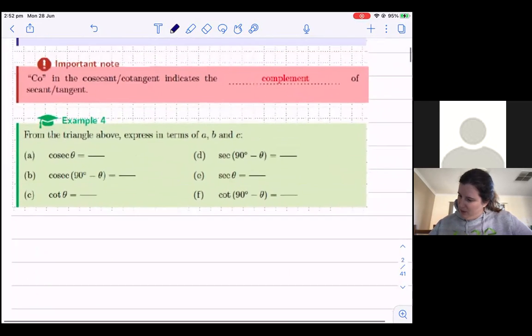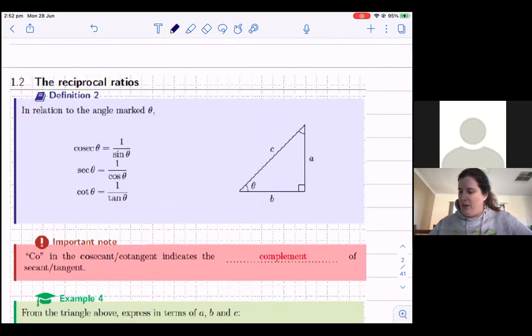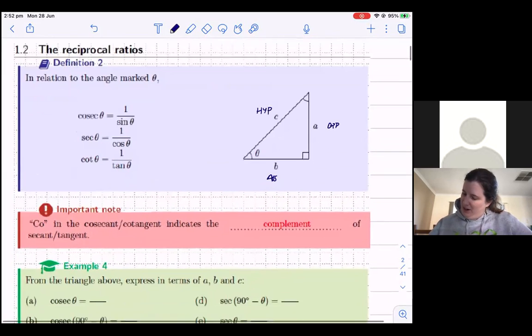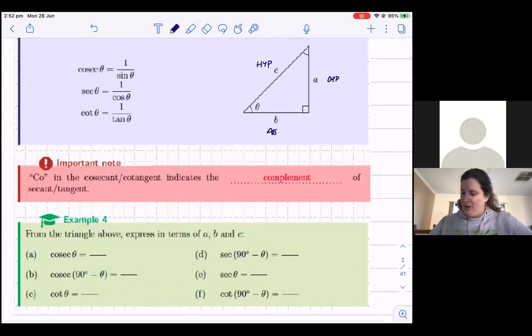Okay, these ones, we're just looking at triangle A, B, and C. A is the opposite, B is the adjacent, and C is the hypotenuse. So if I'm doing cosec, now don't forget cosec means 1 over sine, so it's sine upside down.